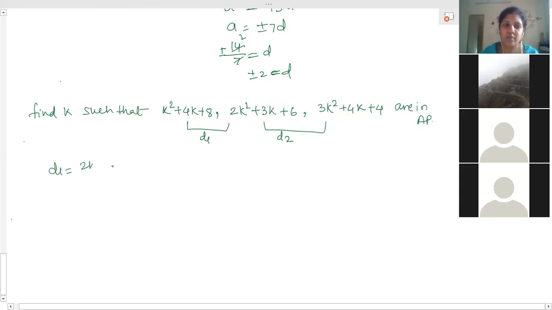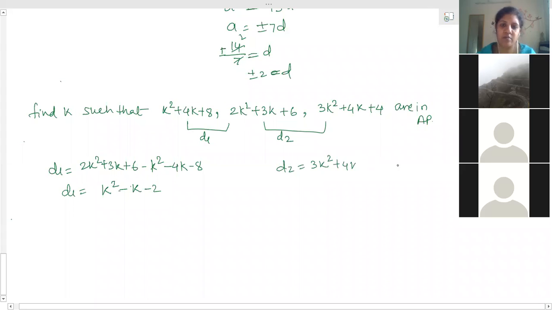2K square plus 3K plus 6 minus K square minus 4K minus 8. So K square minus K minus 2 is D1 and D2 is equal to 3K square plus 4K plus 4 minus 2K square minus 3K minus 6.